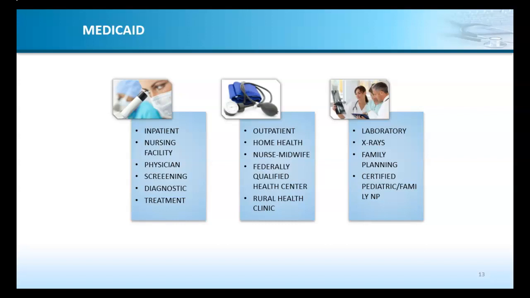Federally qualified health centers and their associated costs are covered. Rural health clinics accept Medicaid as well. Laboratory, x-rays, family planning, certified pediatric and family planning with a nurse practitioner are also covered. So here you can see you get a vast coverage of healthcare benefits under Medicaid plans.